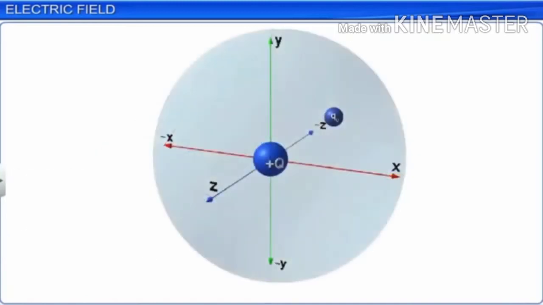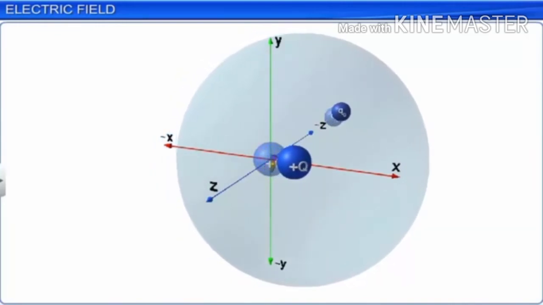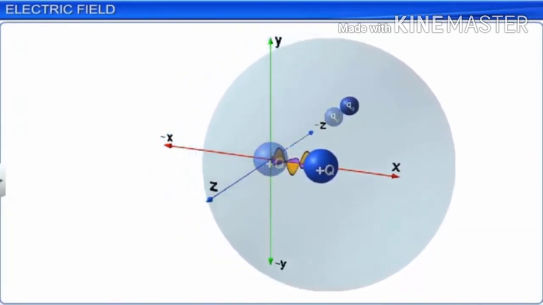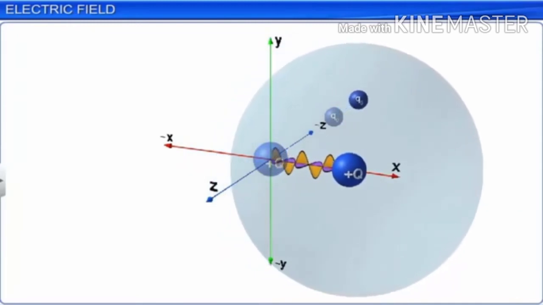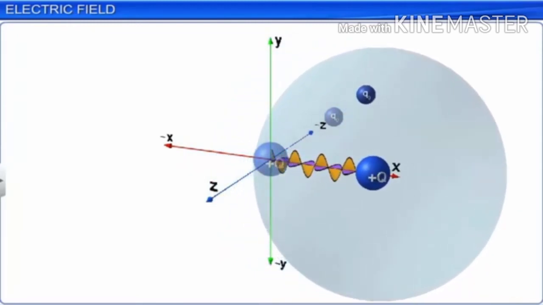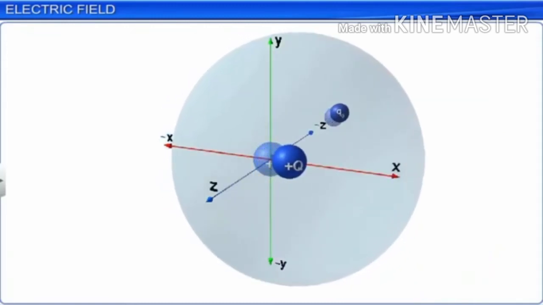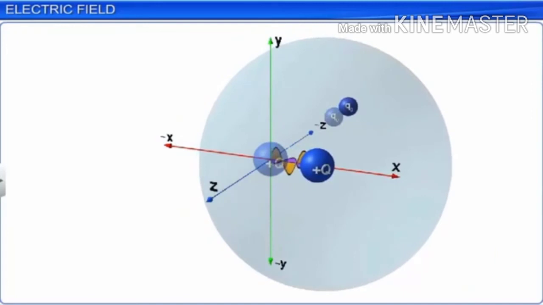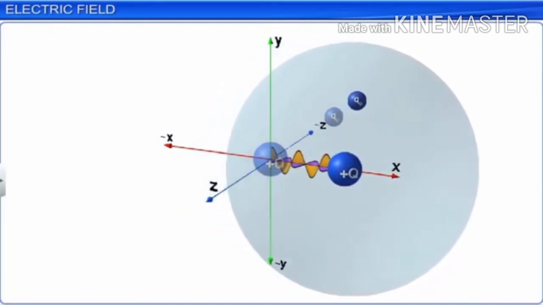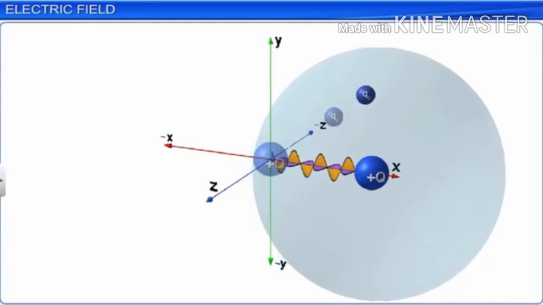Consider a situation where charge Q is accelerating. Then, it produces electromagnetic waves, which propagate at the speed of light. Here, Q0 is also accelerating in the electric field of Q, and there will be a force on Q0 due to the electric field of Q. This force on Q0 due to Q is actually caused by the electromagnetic waves generated by the accelerating charge Q, which travel from Q to Q0 at the speed of light.